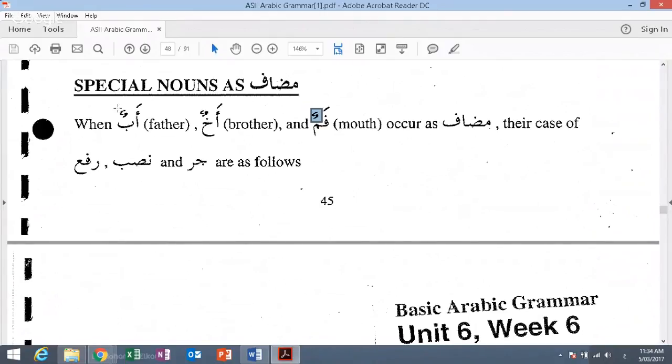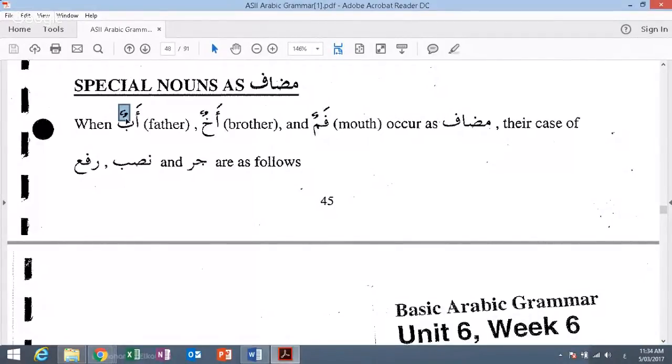So these are sort of words when you ascribe, how you are going to say it. Let's say Abun. Abun is the father. So you are ascribing to another noun.